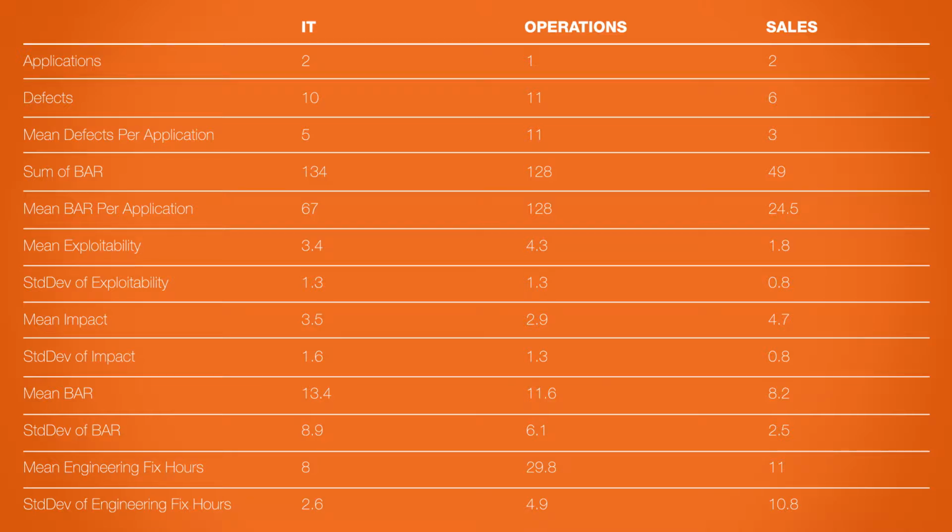Note how the sales department's mean BAR per defect is 8.2, considerably less than operations, which is 11.6, and IT, which is 13.4, and had a lower standard deviation, 2.5 versus 6.1 and 8.9. Although IT sits between operations and sales with respect to average defects and BAR scores, its defects tended to require the least amount of engineering time to fix, 8 hours compared to 29.8 and 11 hours.